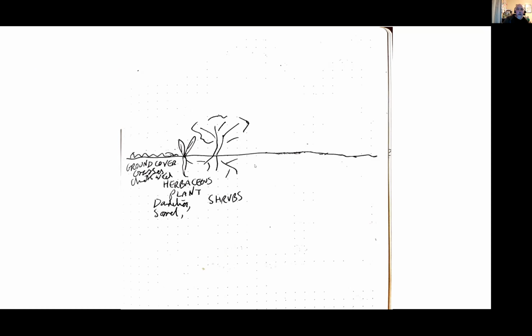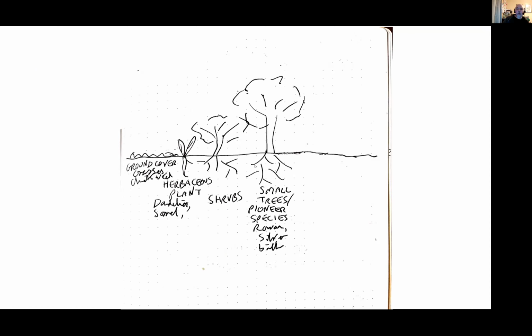So our small trees begin to appear in the landscape. What we call our pioneer trees, things that, say, the seeds may have been in the ground already, or they may have been dropped by a bird or something like that. Because they've got that protection from the bramble and other shrubby plants, they get an opportunity to germinate and begin to grow.